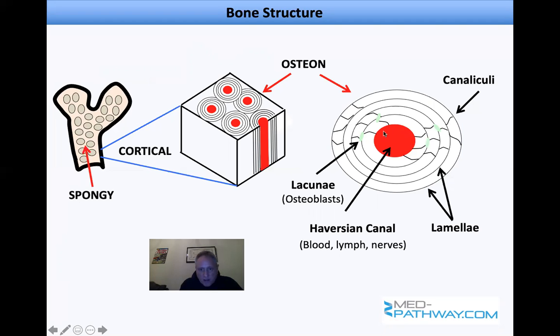What you see is the Haversian canal in the center, which has the blood, the lymph, and the nerves. But over here in the lacunae, which means pit, you have the osteoblasts, which also interact with the osteoclasts, which you don't see here. And it's the interaction between the osteoblasts and the osteoclasts that determines whether you're going to synthesize bone or whether you're going to degrade it with the osteoclasts.